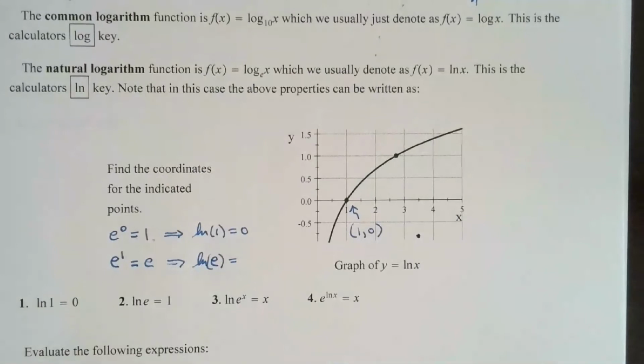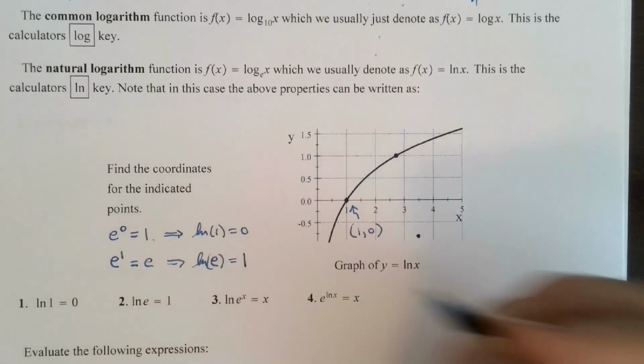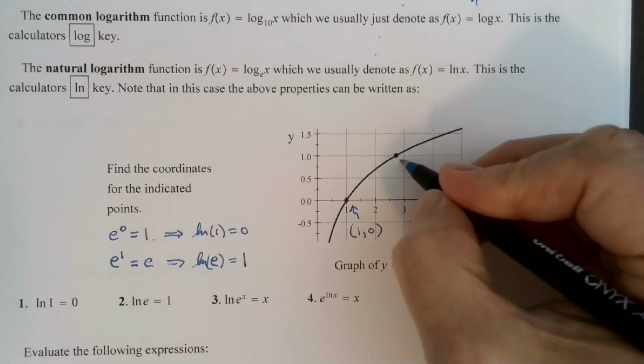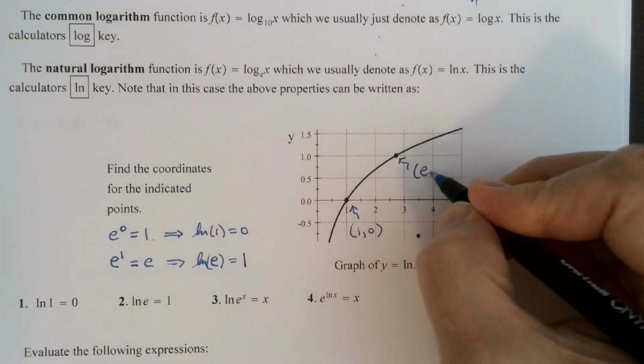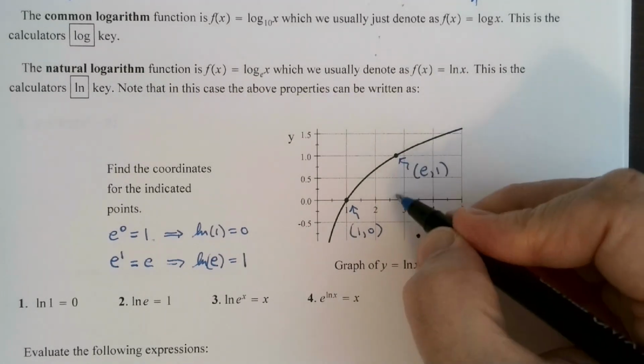What's the power on the base e needed to get e? E to what power equals e? Answer, 1. And so the coordinates of this point is (e, 1). Remember, e is about 2.71828. There it is.